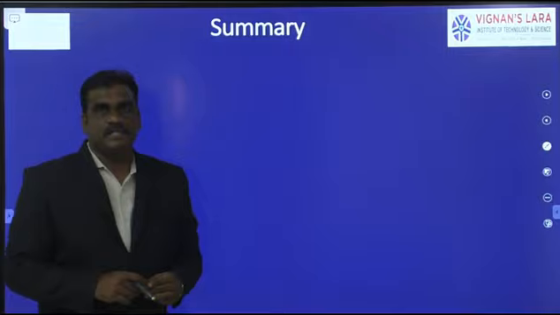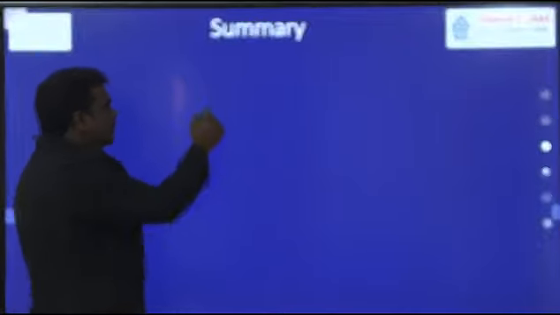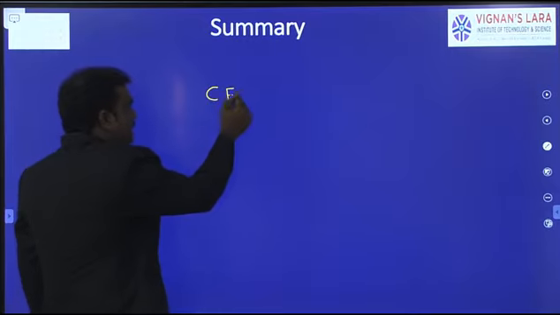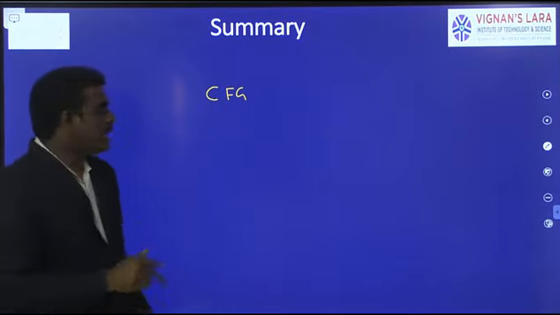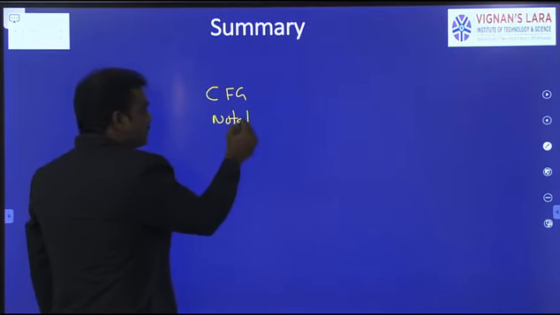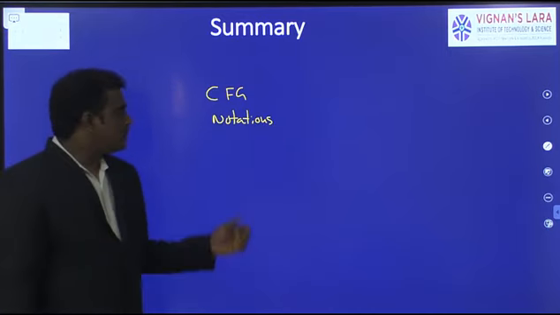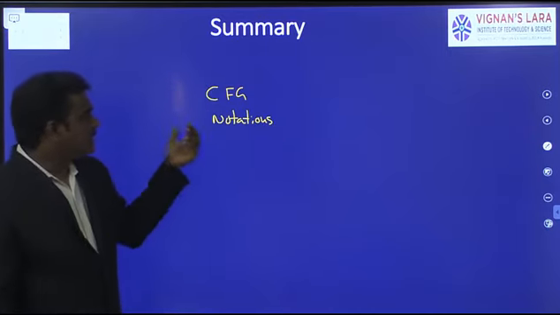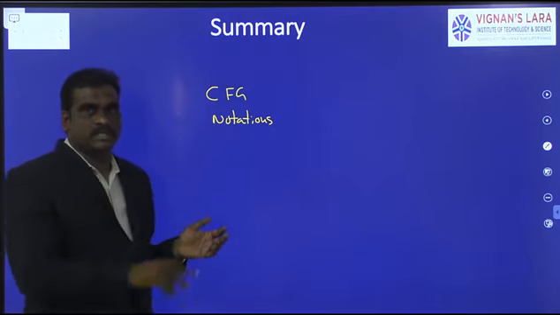Now the summary of this class. In this class I have discussed what is meant by context-free grammar, the definition of the context-free grammar, and also the conventional notations. Whatever we see in the conventional notations will be used throughout the subject.